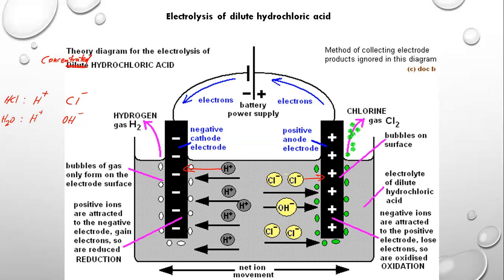And therefore we must consider these ions when we're looking at the electrolysis process. So the ions that would be attracted to the anode will be chloride and the hydroxide ion. These would be attracted to the anode. And to the cathode, well, it's only one ion. It's H plus ion that would be attracted to your cathode.